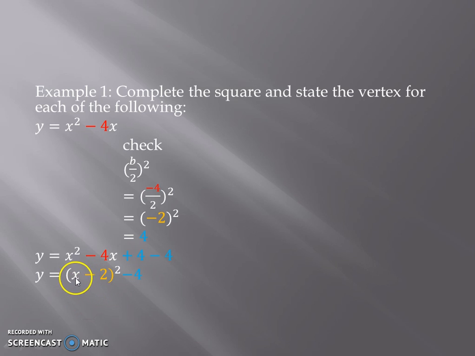Then you're probably wondering, well, does this really equal this number? Well, let's see. X times x equals x squared. X times negative 2, because by the way, remember, it's x minus 2 times x minus 2. So x times x equals x squared. X times negative 2 equals negative 2x.